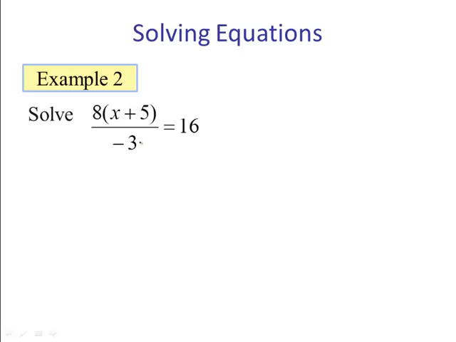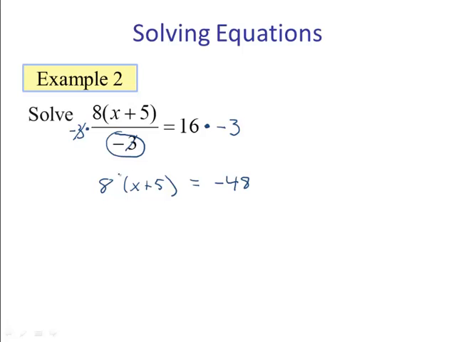So our first step is to cancel out the negative 3. Since it's dividing, we do the opposite and multiply. And if we do it to the left hand side of the equation, we have to do it to the right hand side. The negative 3's cancel. We're left with 8 times x plus 5 equals negative 48.